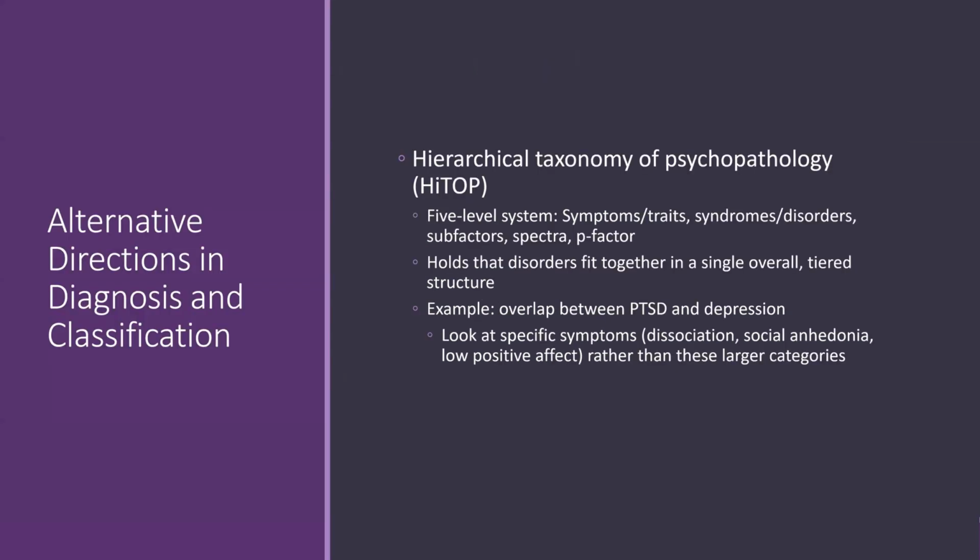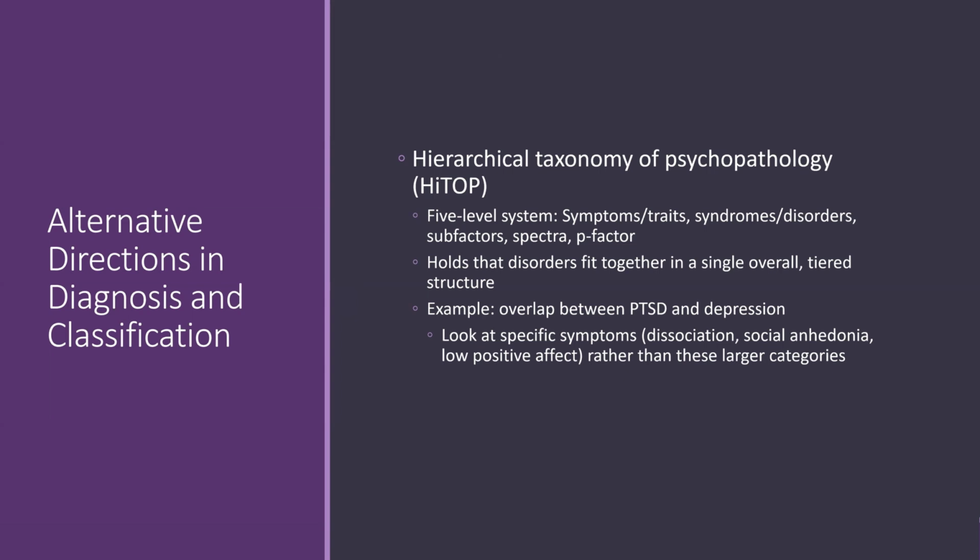The main attempt to organize mental health disorders into a more dimensional approach is called the Hierarchical Taxonomy of Psychopathology, or HiTOP for short. It's quite complicated. The people who work on HiTOP are all academic researchers, and they take a very data-driven approach to understanding how symptoms organize with each other.